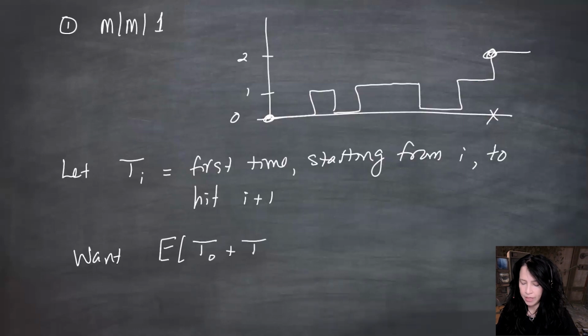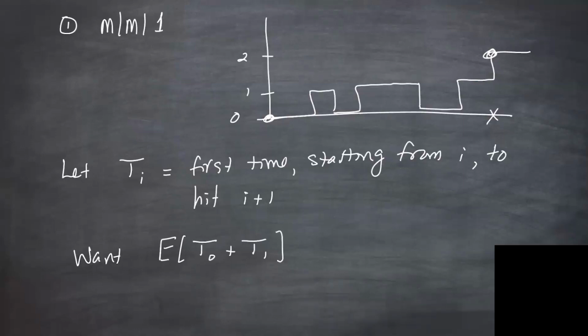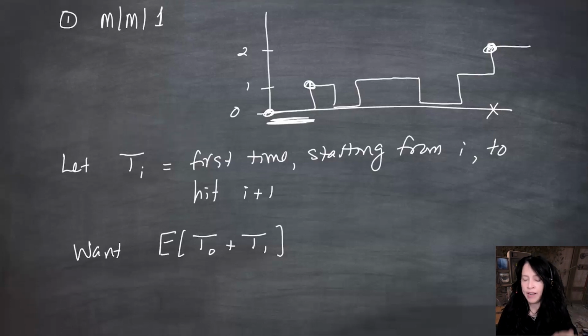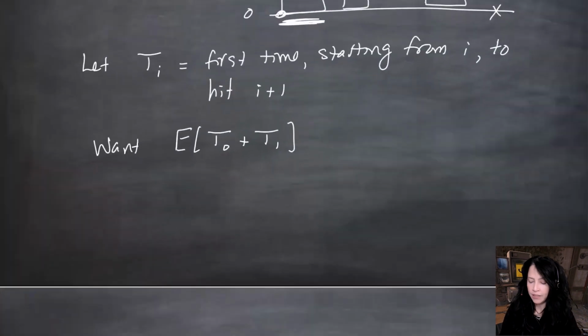This is a continuous time: the time to go from state 0 to state 1, and then starting at 1, how long does it take us to first hit state 2? As you can see in this picture, that may involve us going back to 0 several times. But if you do a first step analysis, you can handle this pretty well.